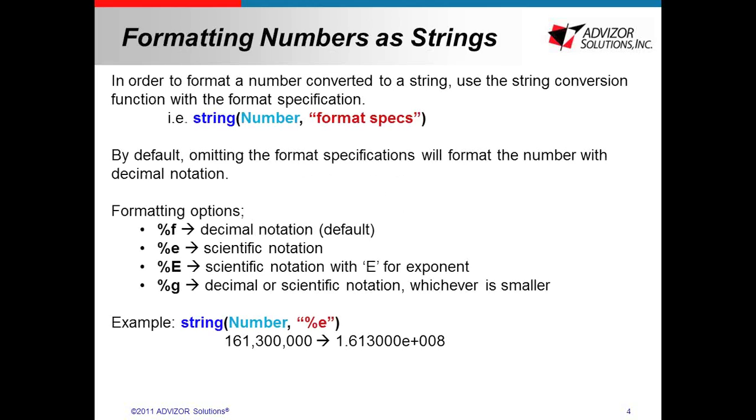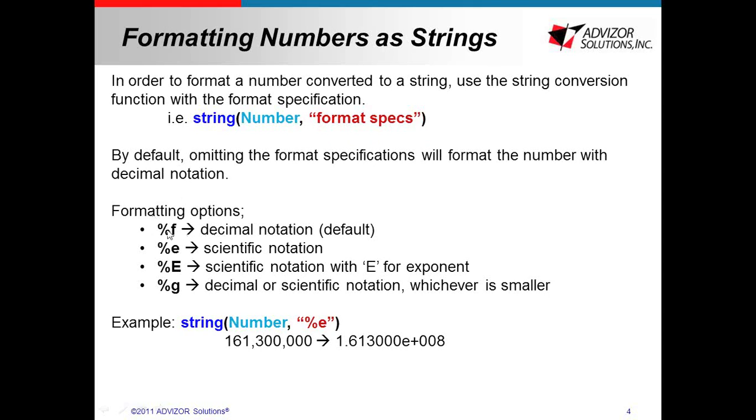To do this, you would use the string conversion function, which is covered in the Expression Builder Basics video, which is simply the word string, and then in parentheses you put the number or the field, in this case just called number, that you want to format, and then the format specification, so how you want it to be formatted. By default, if you take out the comma and the format specification, the number will be formatted in decimal notation.